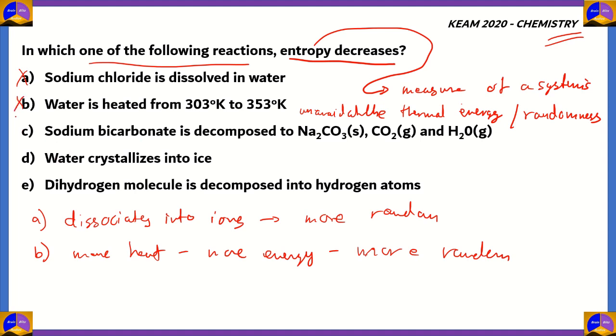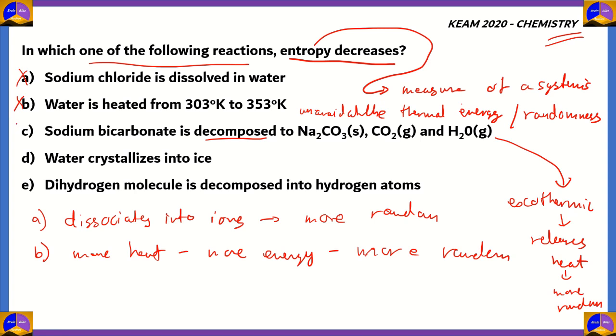What about option C? Sodium bicarbonate is decomposed to Na2CO3, CO2, and H2O. This particular reaction is exothermic, and an exothermic reaction releases heat, which means that the system becomes hotter, which means it becomes more random.